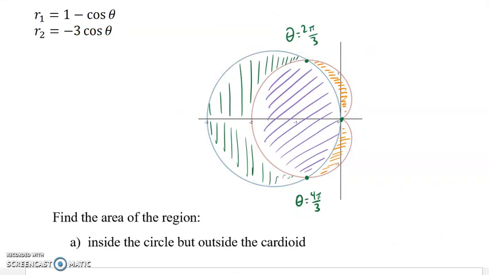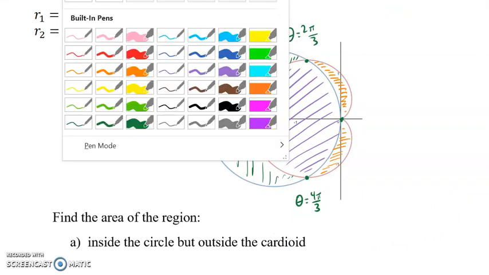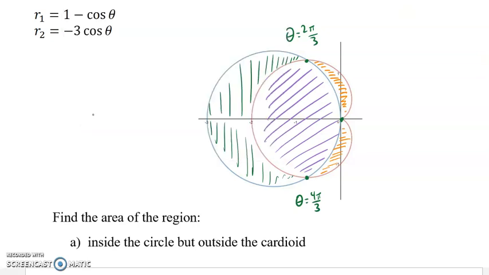So for example, we have the area inside the circle but outside the cardioid, the green shaded region. So it should be fairly clear that as we're creating this green region, theta is going from 2 pi over 3 all the way around to pi, and then all the way around to 4 pi over 3.